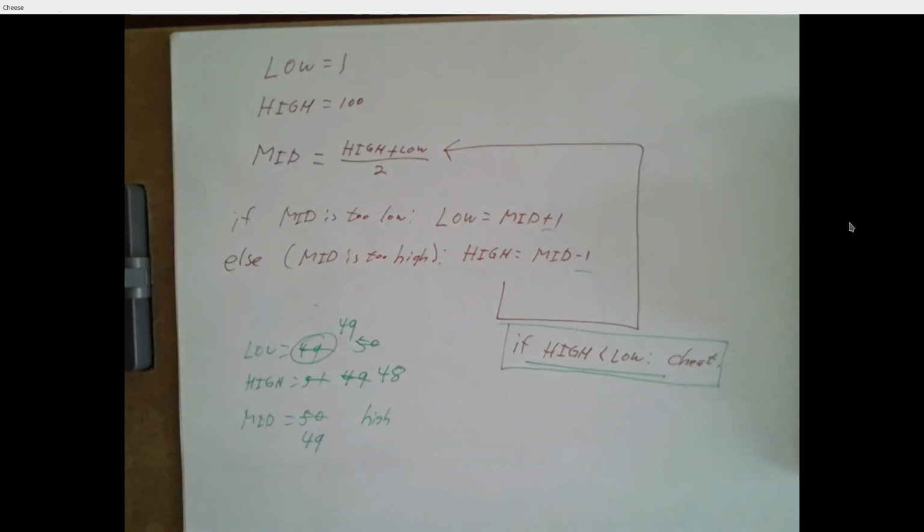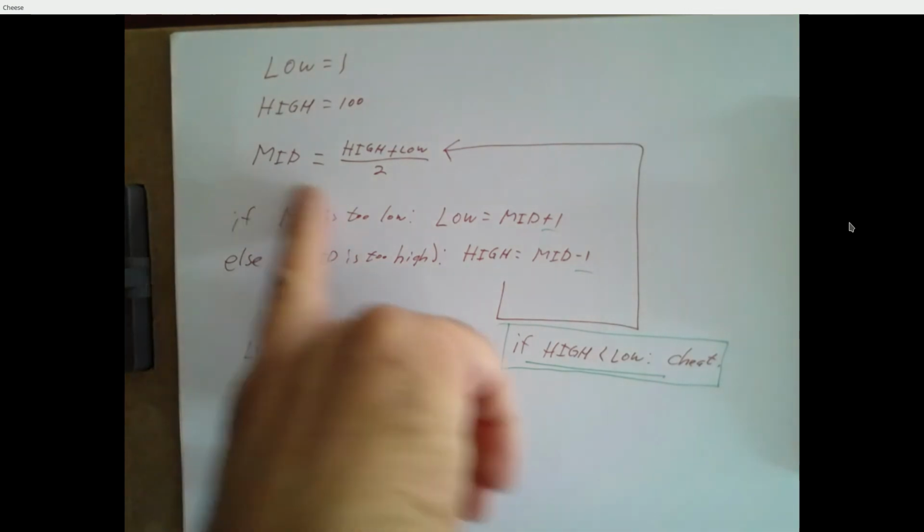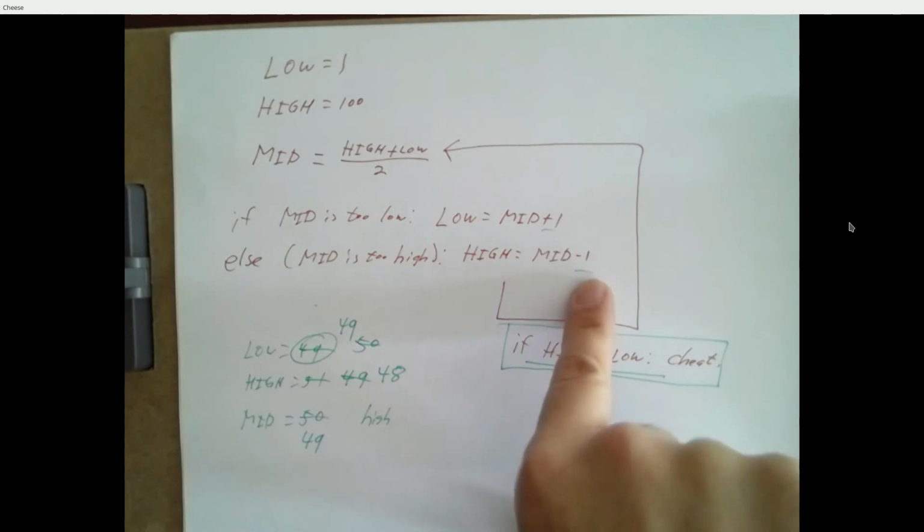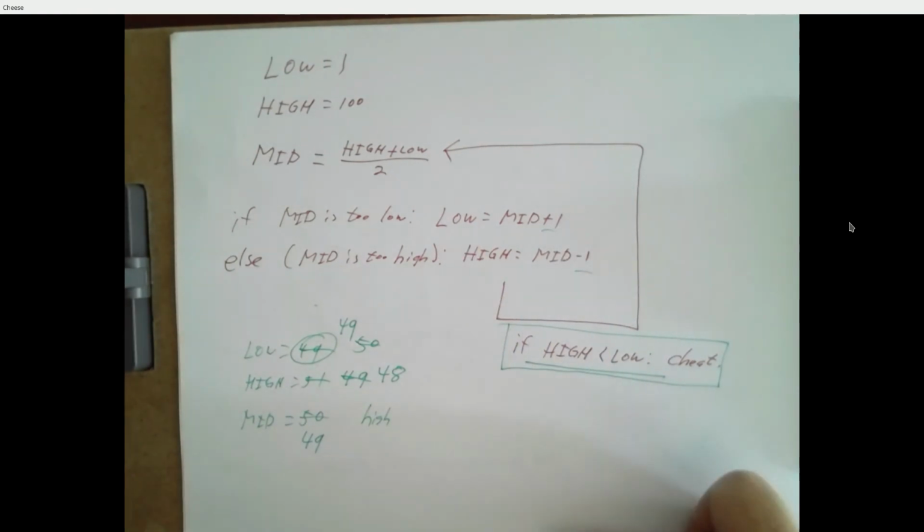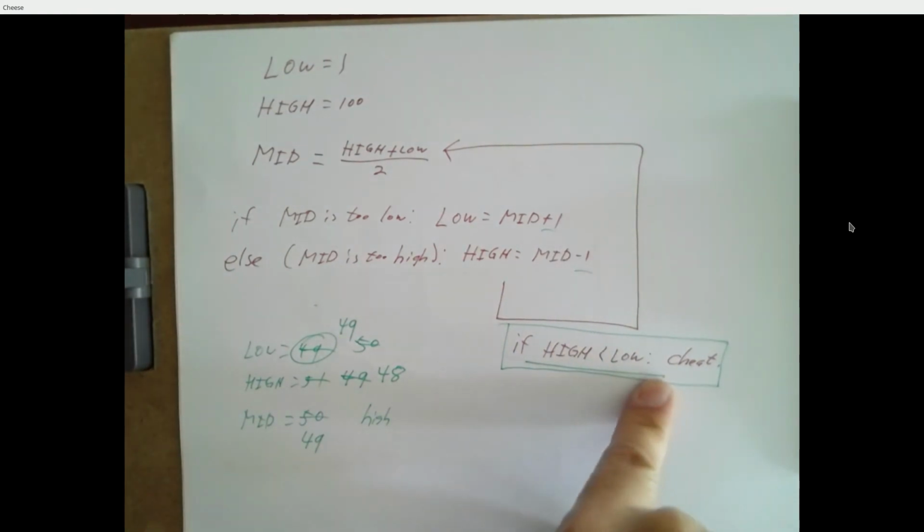If it doesn't work like this, come back to here and see if you're doing this, right? You can start adding on code and doing special cases and putting in special checks and all kinds of things and maybe get it to work, but it's really this straightforward, okay? As long as you're picking the midpoint, adding 1 or subtracting to adjust your low or high, and then doing this each time the low or high change to see if there's a cheat.